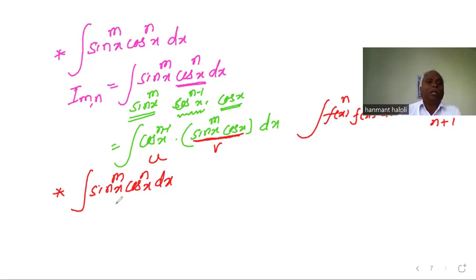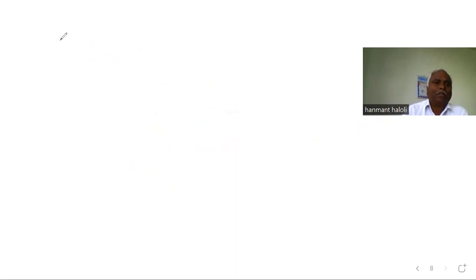Now I'll go directly to the 0 to pi by 2 expression. For this, how do we get a fundamental formula to get the answers directly for pi by 2? I'll explain how to get this fundamental structure. Let's write this as equation number 1 for ease of understanding.